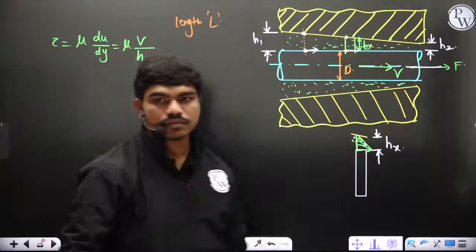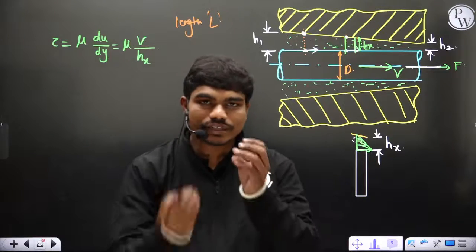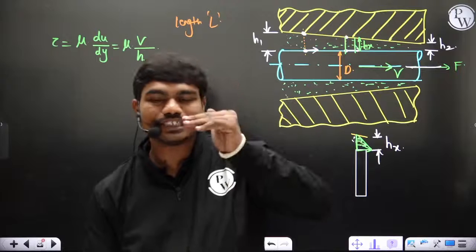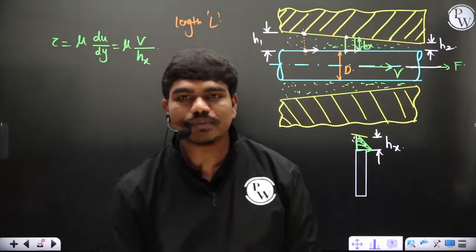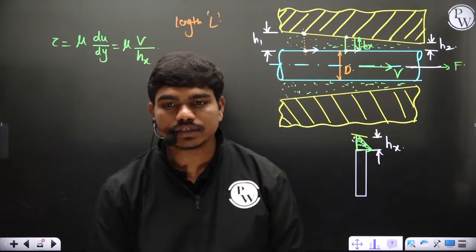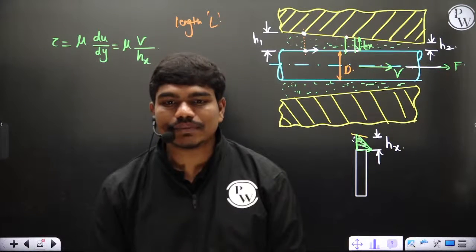Because within a gap of hx, this profile is changing by a velocity V, of course. Can I say it? Everyone, please type in the chat box.